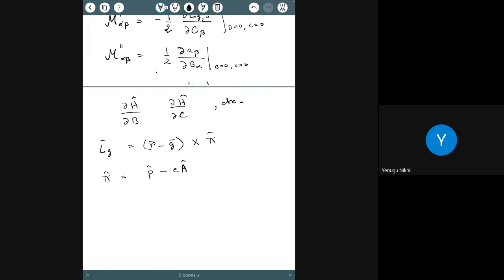Okay, so this is the total operator. Of course, I have to sum over all the electrons in the system.